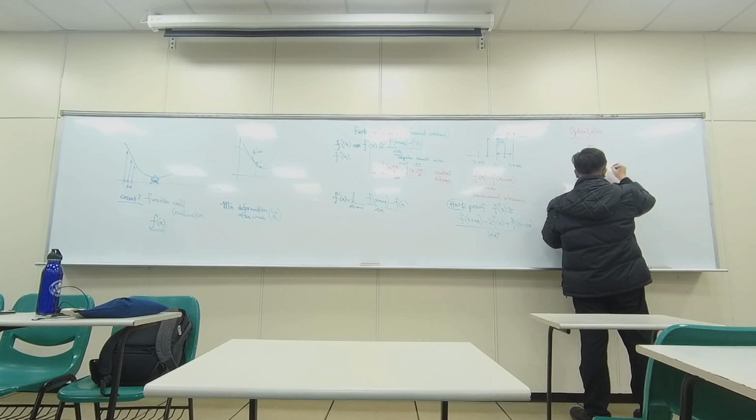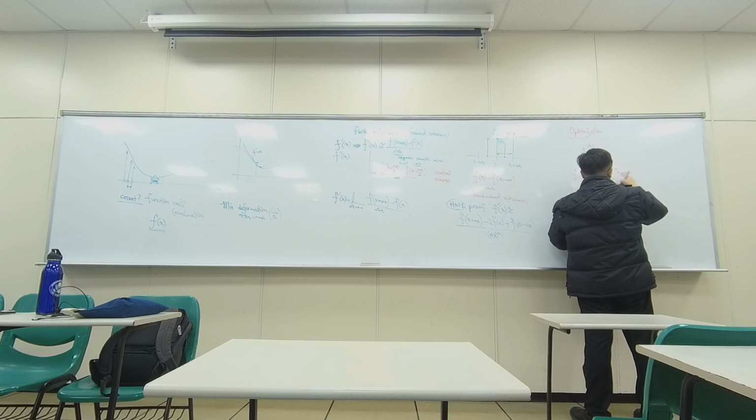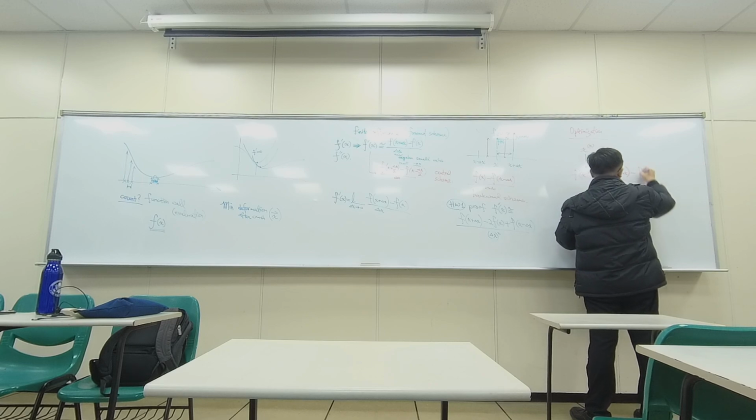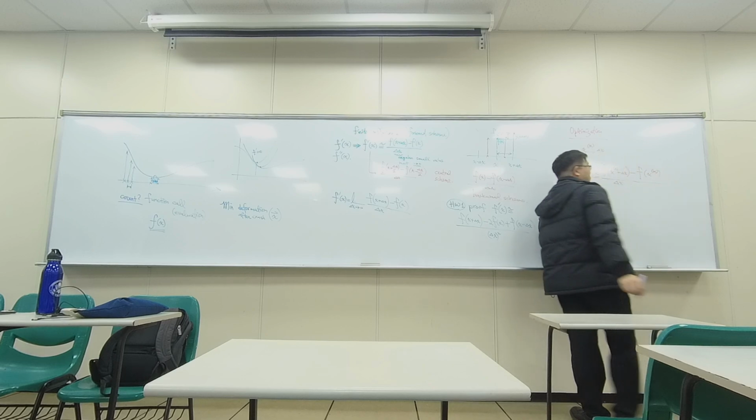And then you are going to estimate at your guessing point plus a small increment minus f of x. Here I'm using the forward scheme.